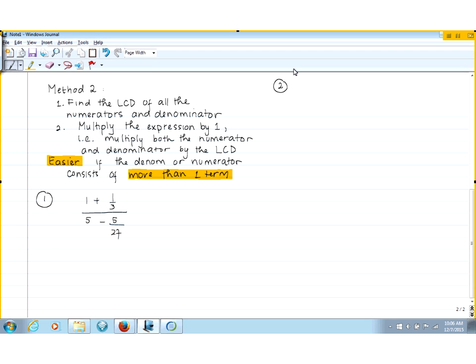And then let's do one more. 5 over a plus 5 over 2a plus 1 over a, divided by 1 over 4a minus 5 over 6. Well, they just look complex, but actually it's doable.